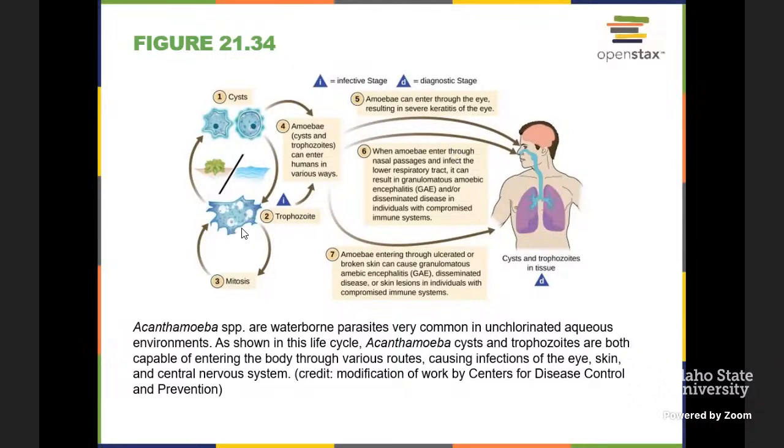So acanthamoeba is important for individuals that wear contacts because the potential for contamination as they're cleaning their contacts may lend to that amoeba getting into the eye and can potentially result in blindness. There have been numerous accounts of these situations. Contact lens wearers are more susceptible to that, but anybody ultimately could become infected, just dependent upon the circumstances.